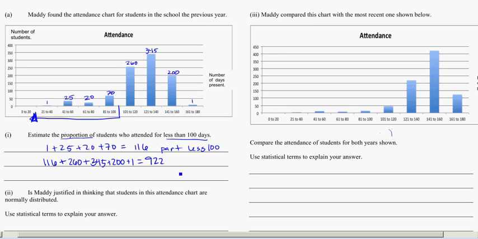So the proportion, the part over total, is going to be 116 over 922, and that equals 0.1258. So that's your proportion less than 100 days. Okay? So again, just reading off the y-scale to figure out what you need there and get your part and your total.